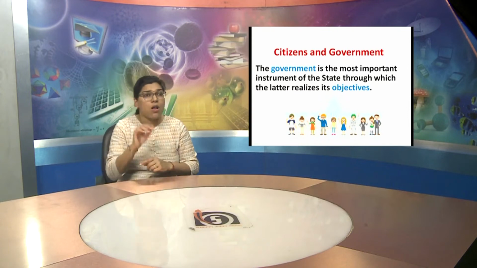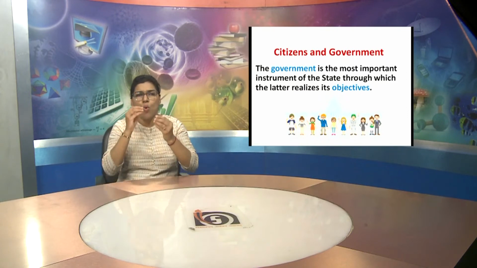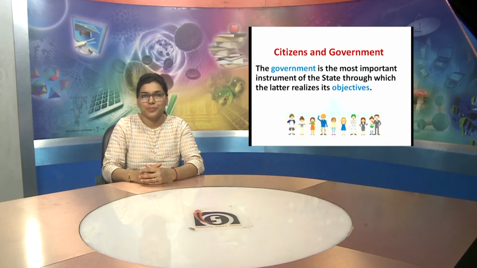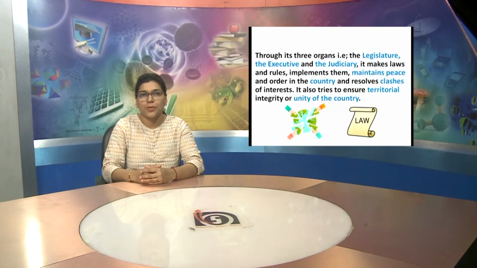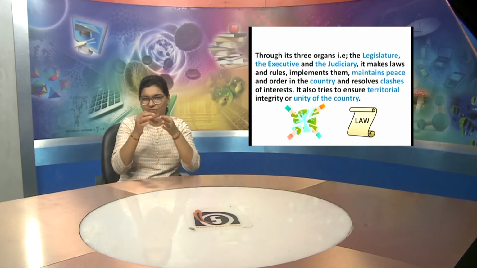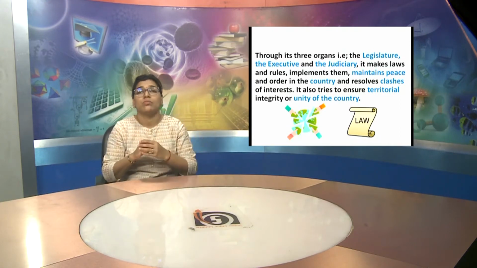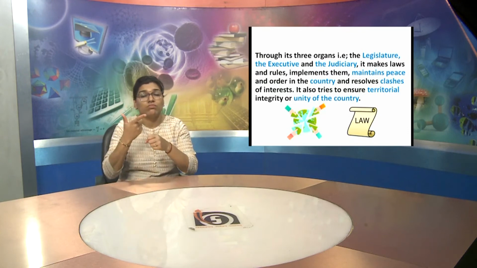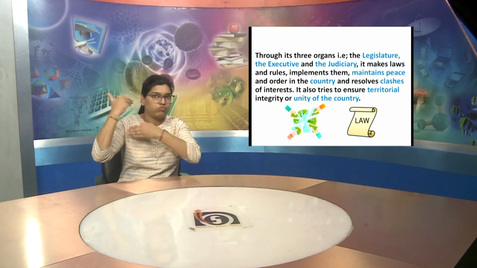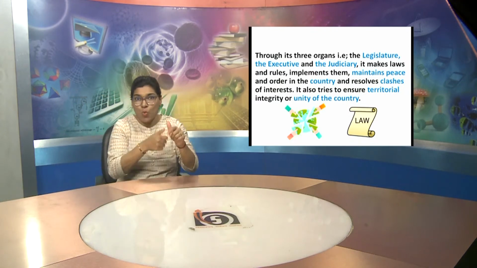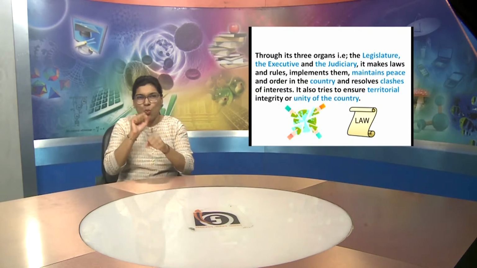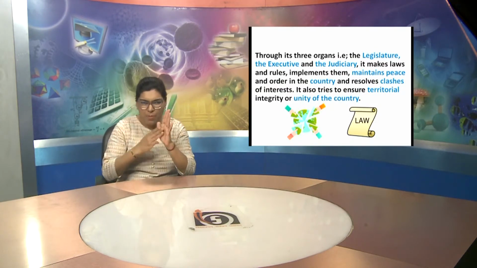The government is the most important instrument of the state through which the latter's objectives are achieved. Its three organs are the legislature, the executive and the judiciary.